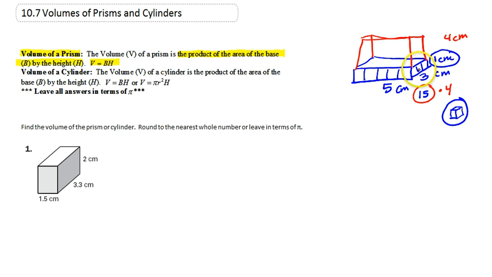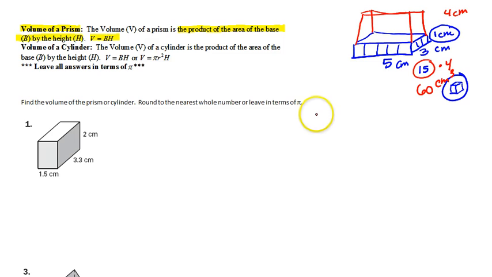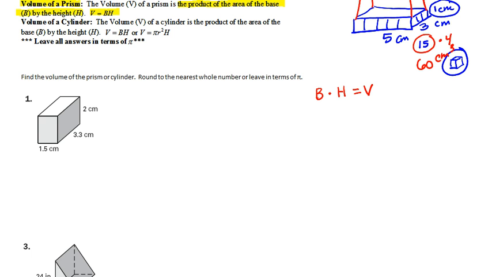So I would take the area of my base, or that first layer of 15 cubes, and multiply it by 4, which would give me a total of 60 cubic centimeters that would fit inside my new prism. So that's where the formula, the area of the base times the height of the prism, gives us the volume. And that would be true of all prisms.